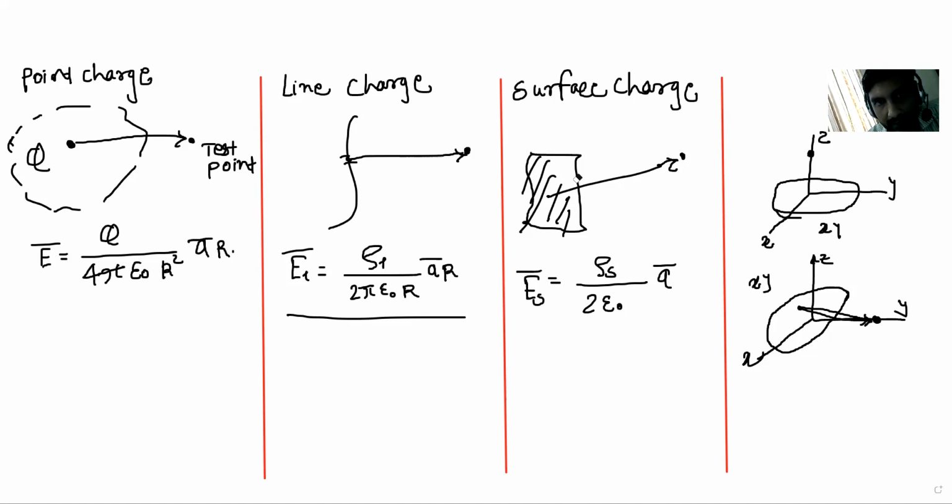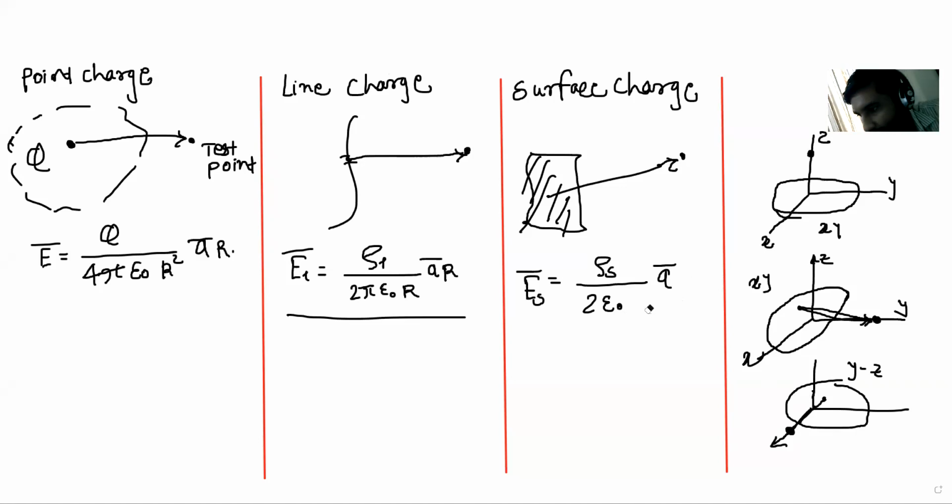It would be A bar Y, right. And similarly, if I take the surface in the remaining plane, like if I take it on the YZ plane, and if I take the point on the X axis, then in that case you will get A bar X component.